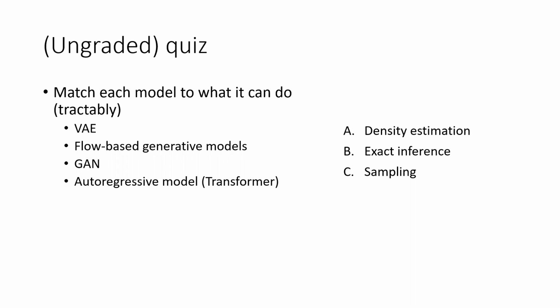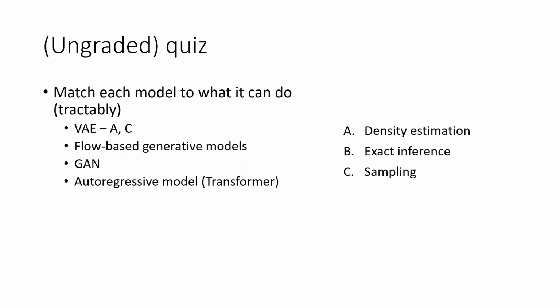Okay, so variational autoencoders can perform density estimation by taking an input X, mapping it through the encoder to a corresponding mean and variance, and calculating the probability of that latent vector under a standard normal distribution.